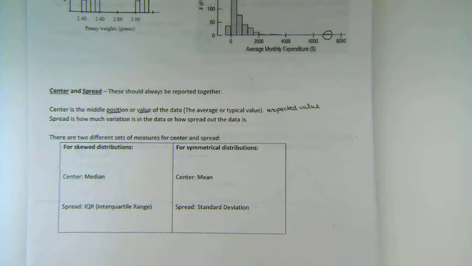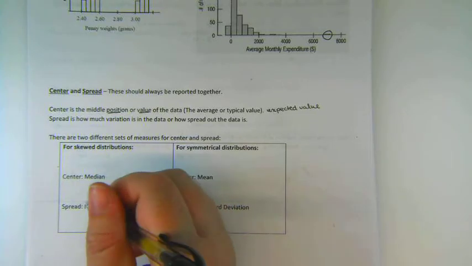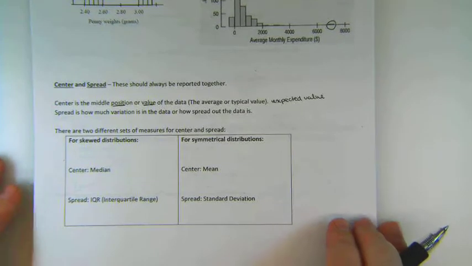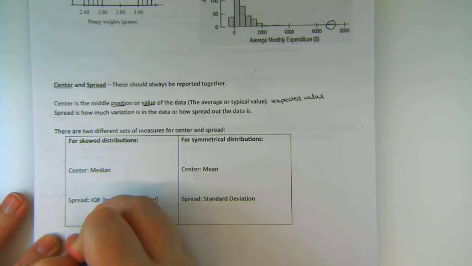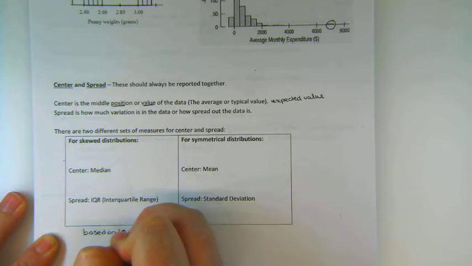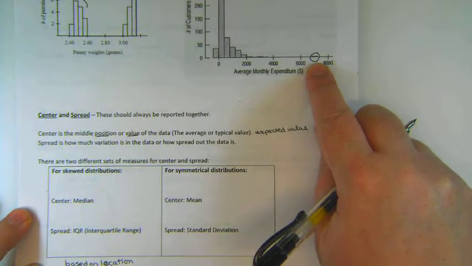We're going to branch into two different ways of describing center and spread. If we have skewed distributions, we want to use median and this thing called interquartile range. Why we want to use these values is because they're based on location within the data. And why that's good is that it avoids influence from these outliers that can come through.